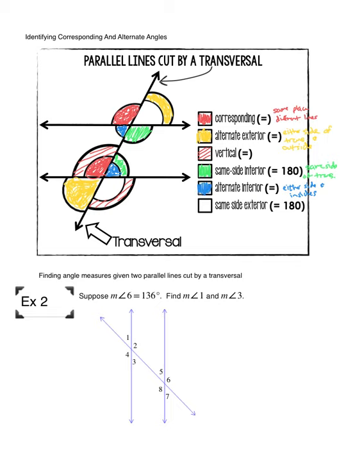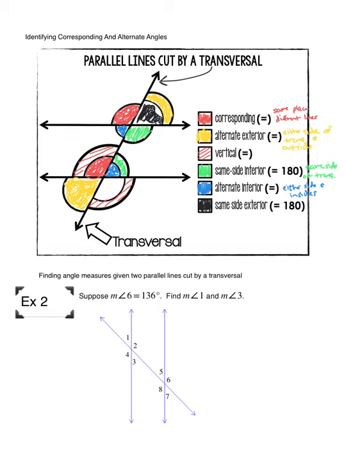All right. The last one I will do is black. Those are going to be same side exterior angles. Just like the green ones, which are same side interior, these are same side and they are outside of the parallel lines.